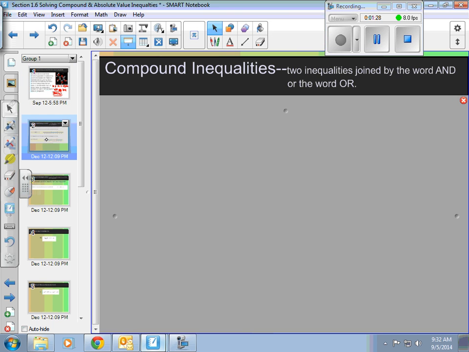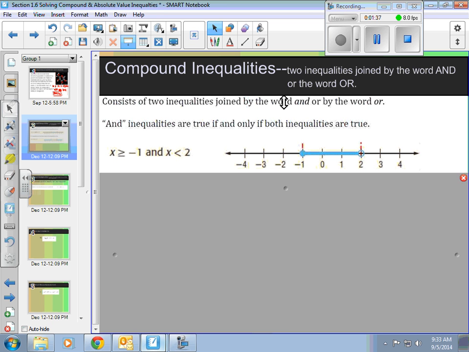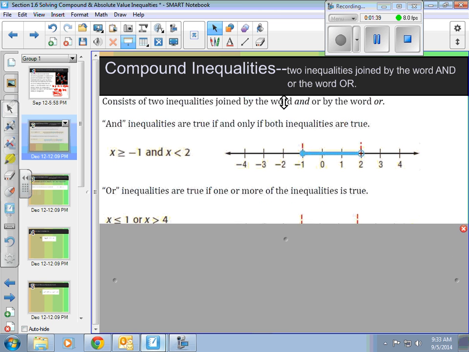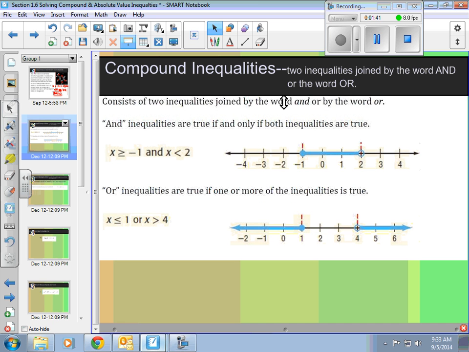So let's just go ahead and look at some compound inequalities. That is two inequalities joined by the word and or the word or. If we look at and inequalities, they are true if and only if both inequalities are true. And notice they have the word and. So both things need to be true.